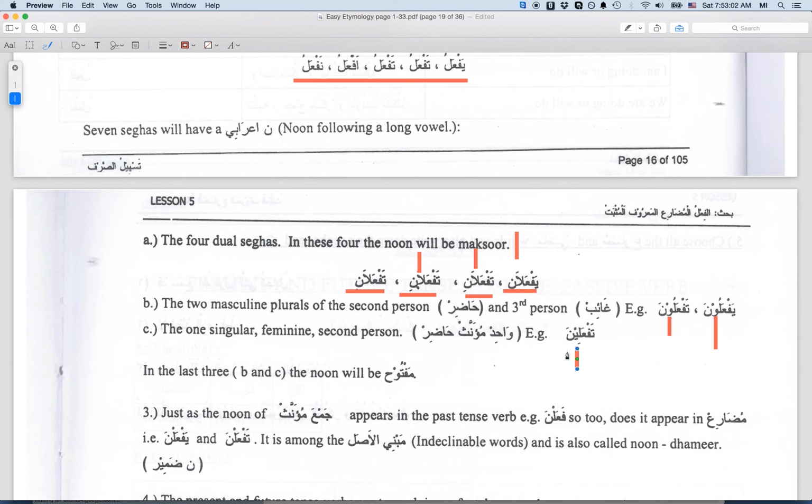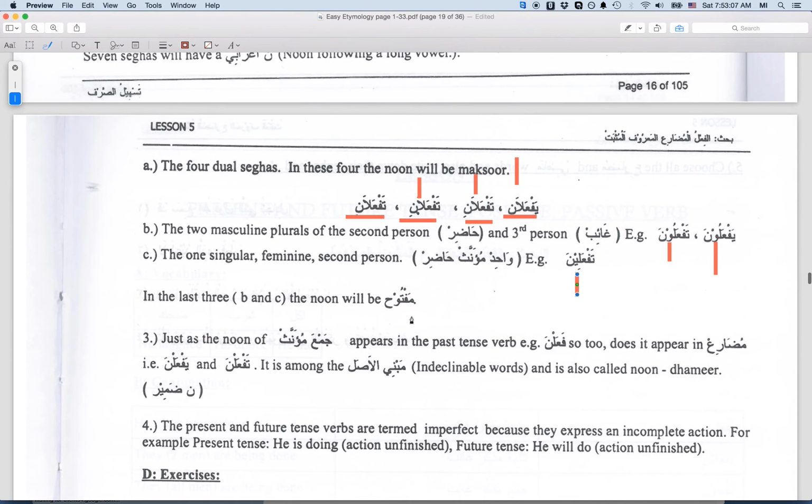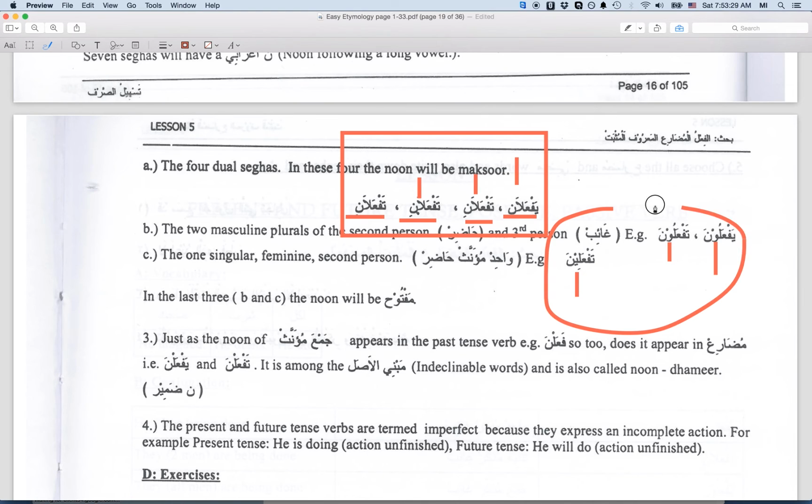Lastly, تفعلين, واحد مؤنث حاضر. For the last 3, the noon will be maftuh. For the first ones, the noon is kasra, like يفعلان, تفعلان, تفعلان, تفعلان. But for these, the noon is maftuh, with a fatha: يفعلون, تفعلون, تفعلين.